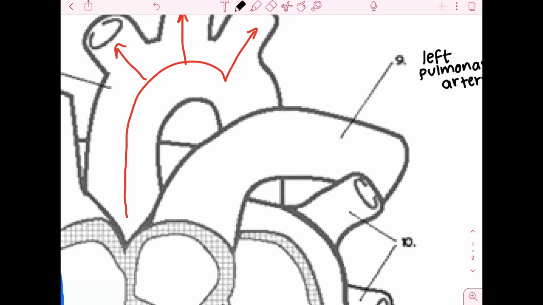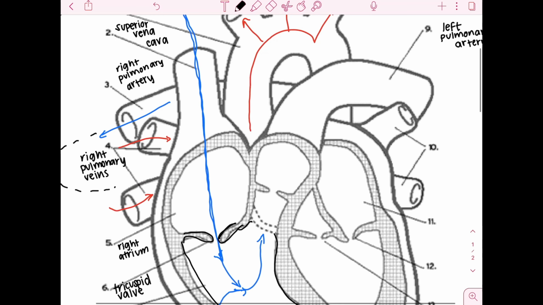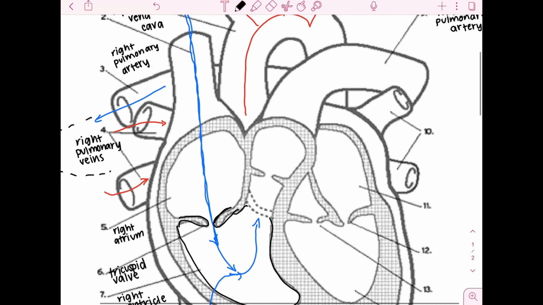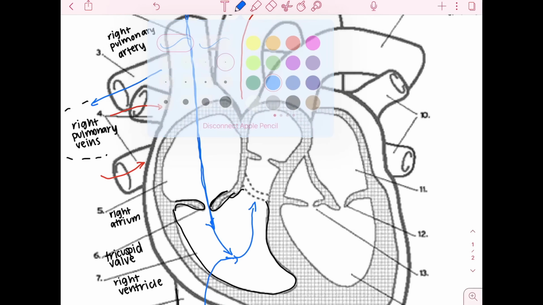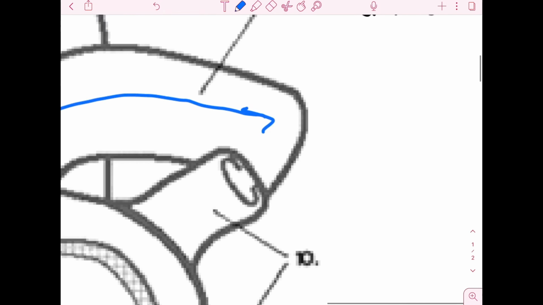The left pulmonary artery receives the deoxygenated blood from the right ventricle and then proceeds to deliver the blood to the lungs for replenishment. So, just like I said, it receives the blood from down here, and then we go all the way up here for the blood to be delivered to the lungs.